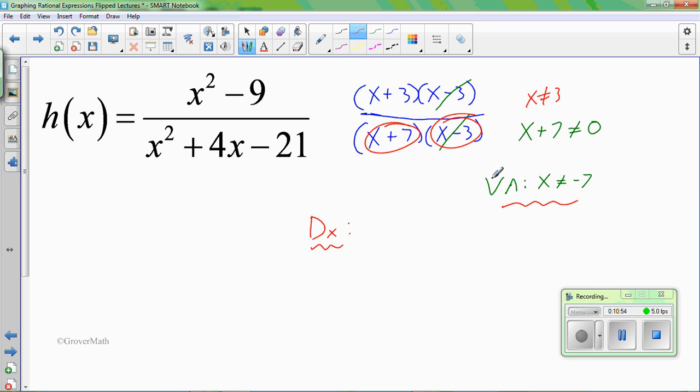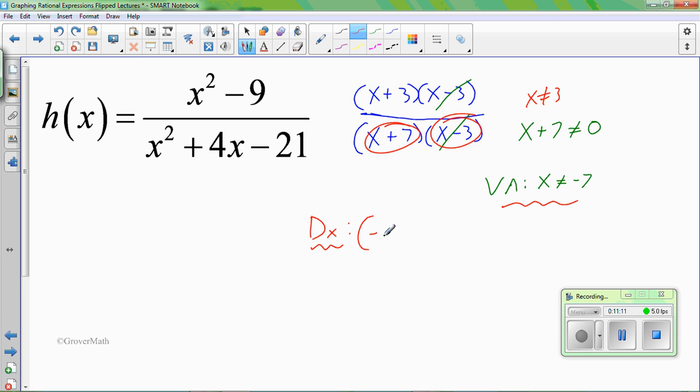So it doesn't go in the vertical asymptote category, but it is used in the denominator category. And that's one of the challenging things about this. When you have factors that cross out, it's not an asymptote, but it is part of the restriction for your domain. The crossing out aspect of it is something called a hole, which is going to be discussed in the next lecture.